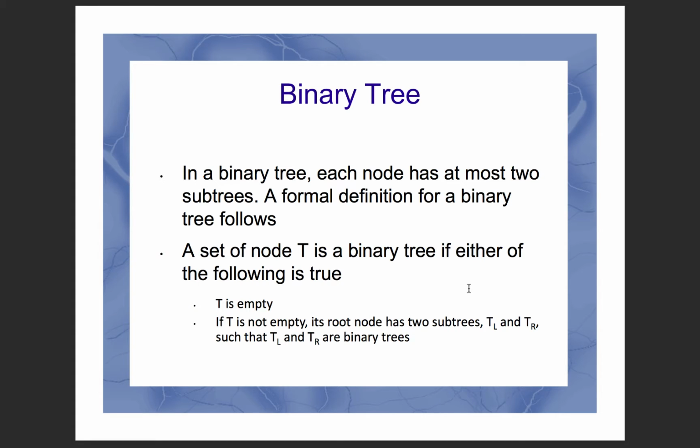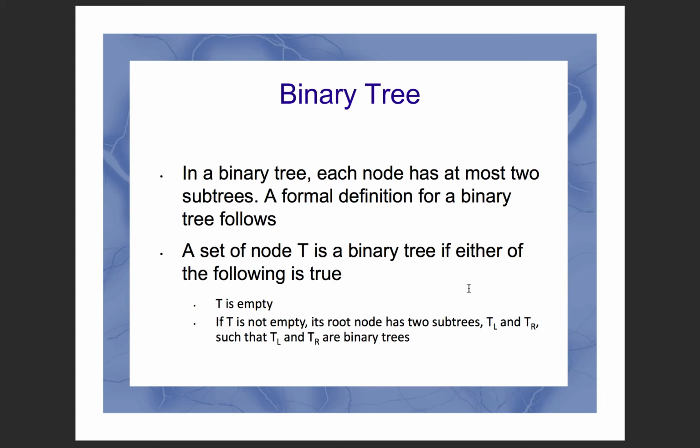So far we have seen that a tree might have several successors, and it has exactly one predecessor other than the root. Now we are talking about the binary tree. A binary tree is a kind of tree in which each node has at most two subtrees.